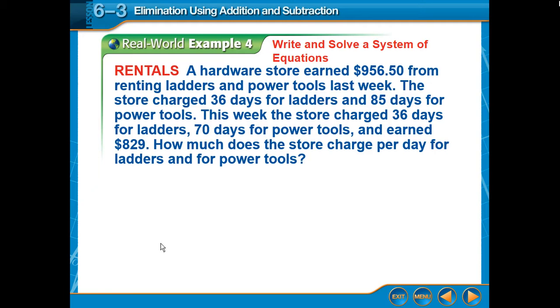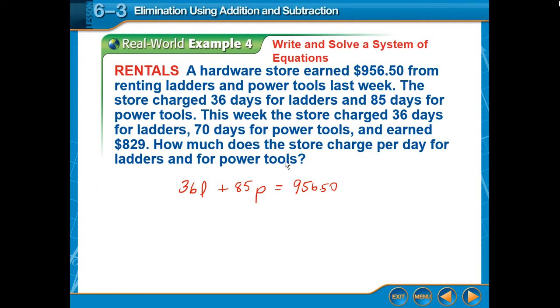How much does the store charge per day for ladders and for power tools? So let's use L for ladders and P for power tools. For the first week, they had a total of 36 times the price of ladders plus 85 times the price of power tools, and they got a total of $956.50.